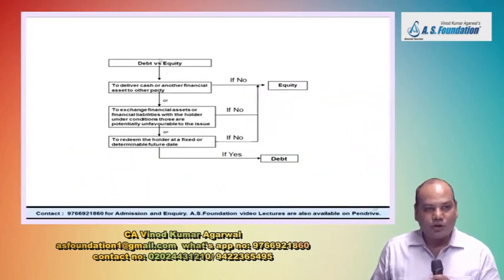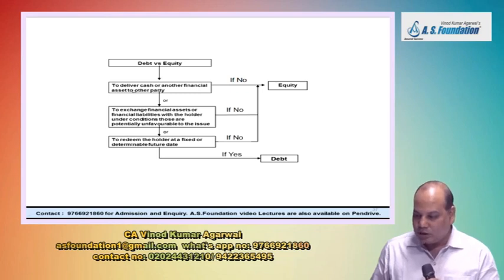Now look at this flow chart drawn in your book also. If you have to check whether the instrument is debt or equity, then we will see whether there is an obligation to deliver cash or another financial asset to another entity. If your answer is no, then this instrument will be equity.